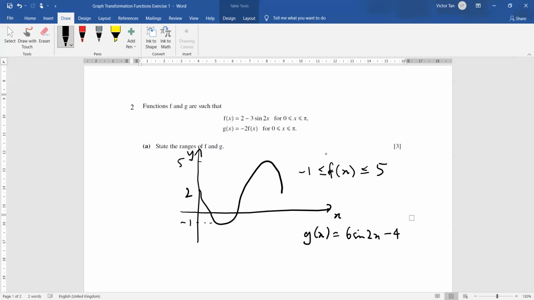So if you look at f(x), it's 2 times that, so g(x) will be between minus 2 and 10.